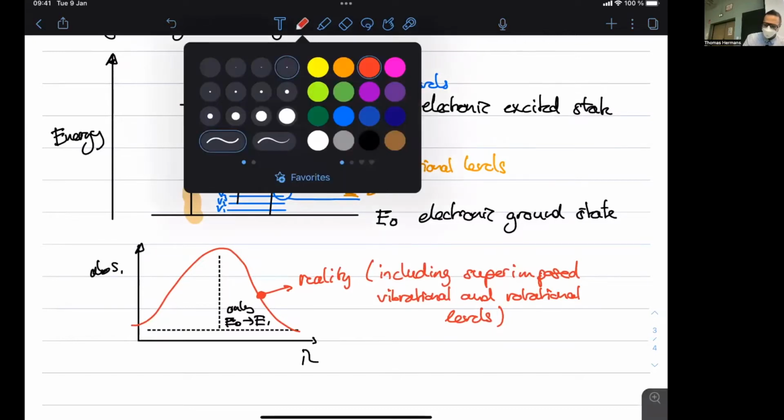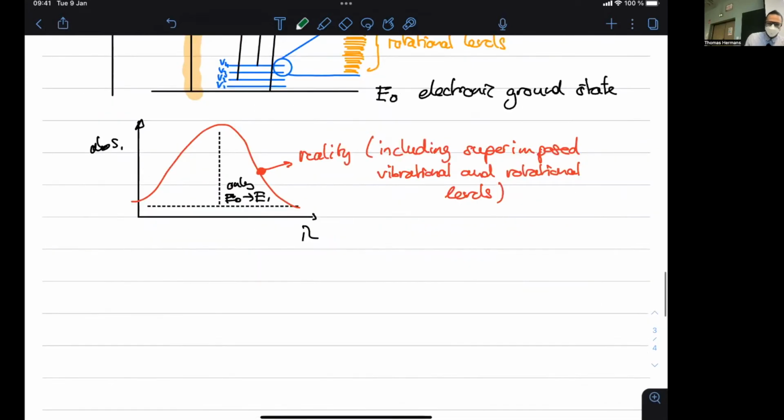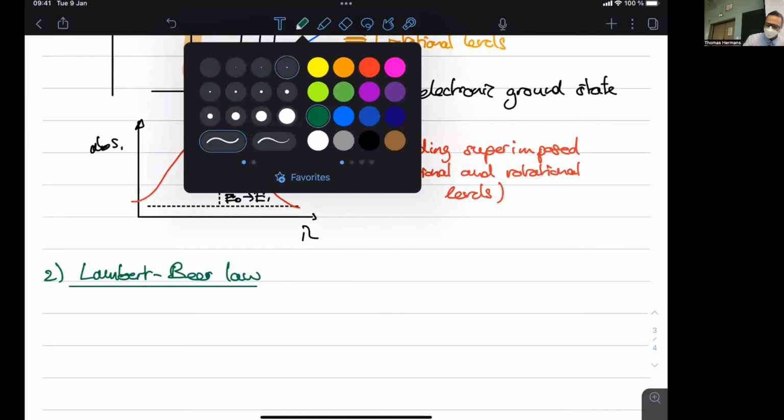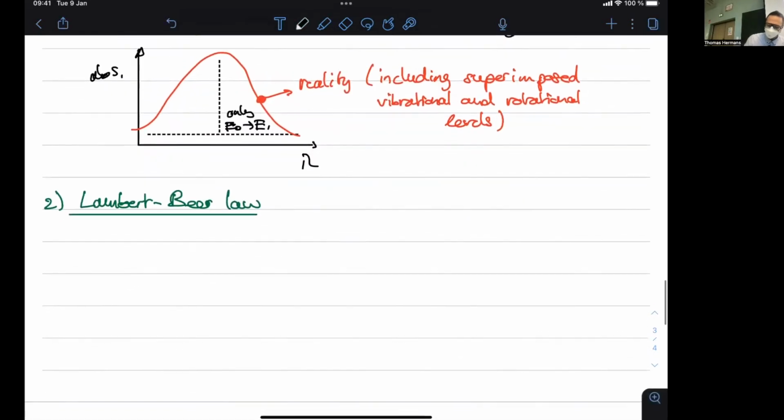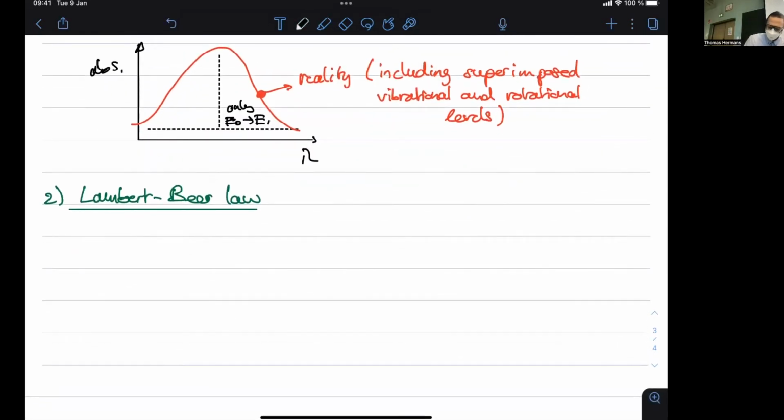Okay. So, very important, Lambert-Beer law. So how is a photon absorbed practically?